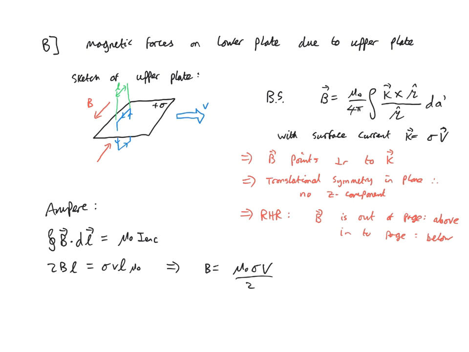And that's, of course, quite a nice result. Okay, so what about the actual force? We wanted to know the force rather than just the magnetic field. Again, we'll look at the force per unit area.